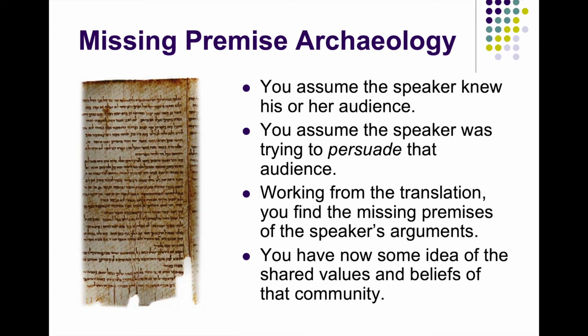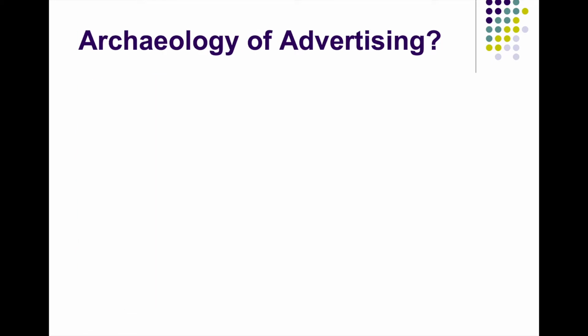And now, where you started out with just this mysterious text, now you have some idea of the shared values and beliefs of the community for whom that text was meant, right? So you're using that rhetorical criticism, that rhetorical archaeology, to portray the second persona of the text.